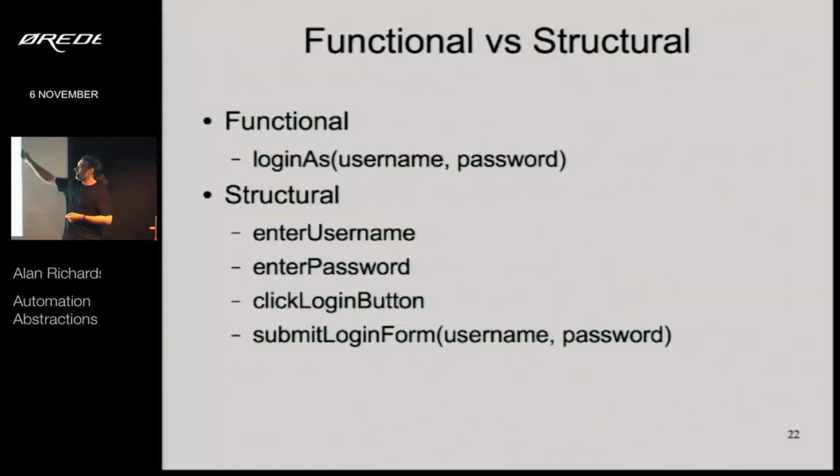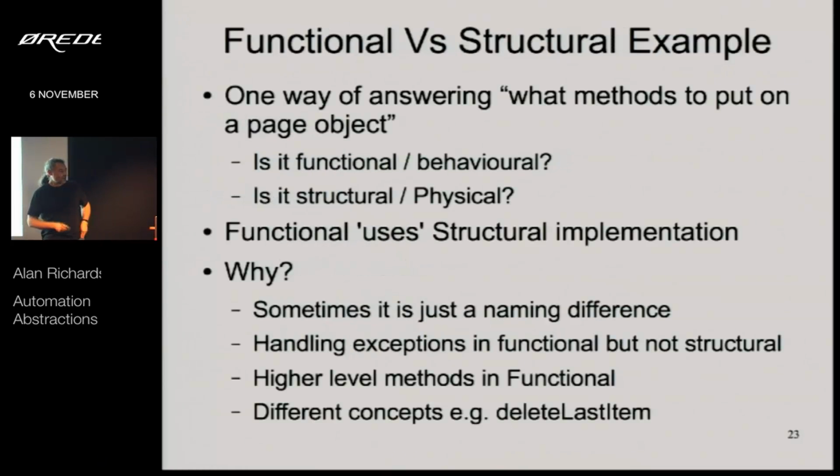But I do split them into functional and structural type concepts, because it helps me split out what do I want this page object to do? What do I want to use this page object to do?